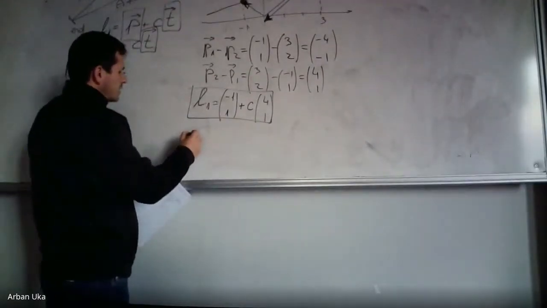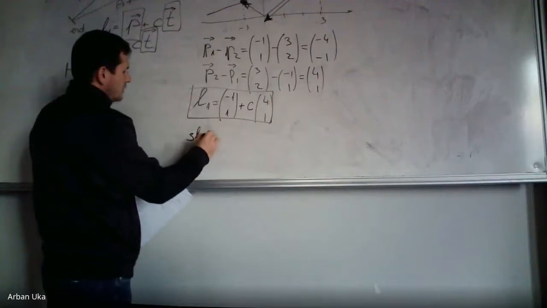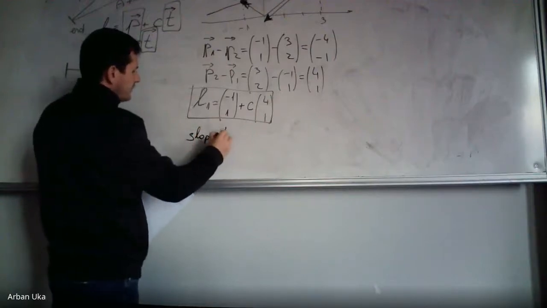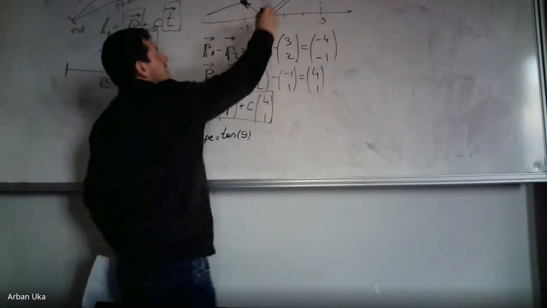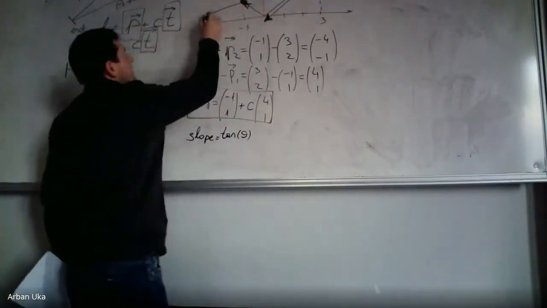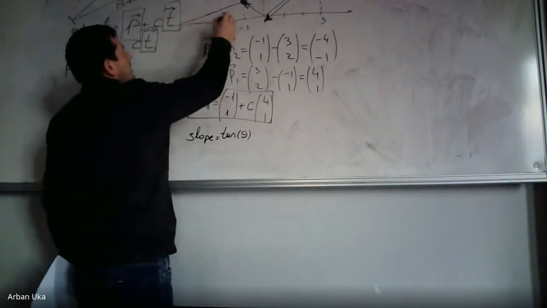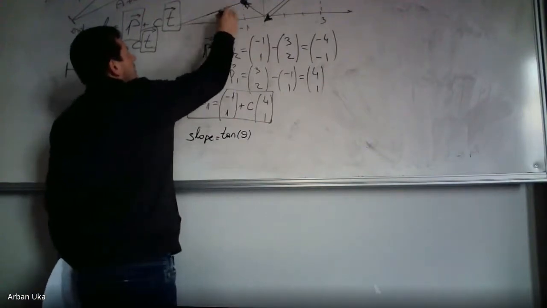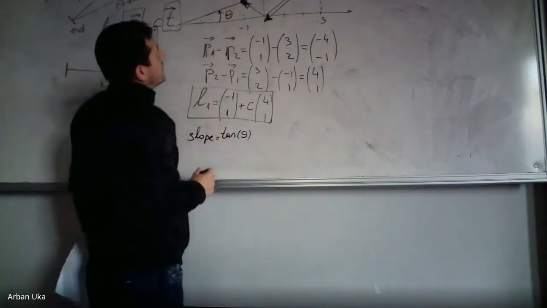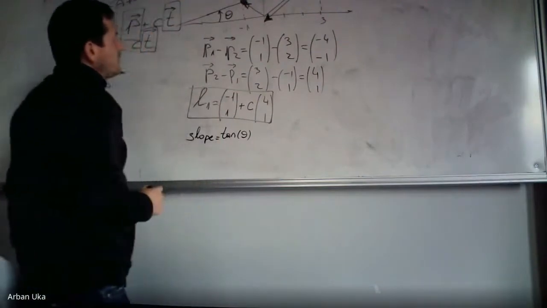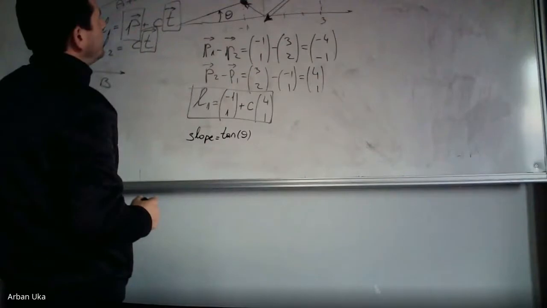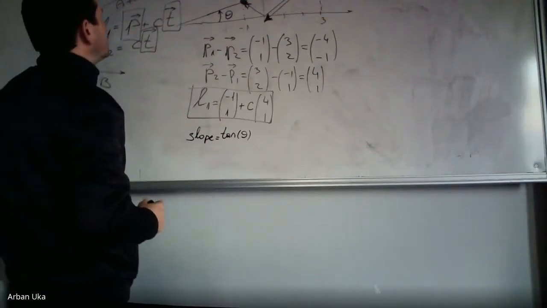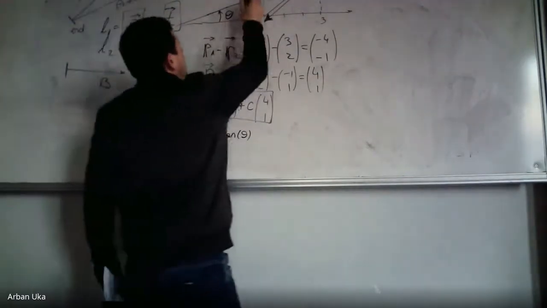So we can say that the slope is equal to the tangent of the angle theta with respect to the x-axis. So this is the slope. We're asking about this angle theta, and you are right.